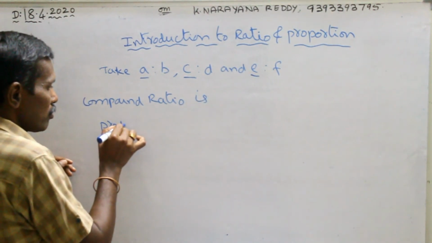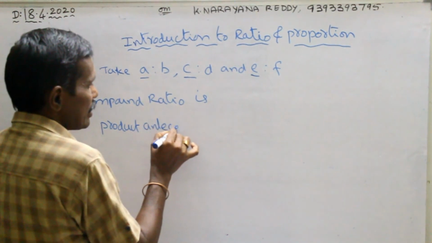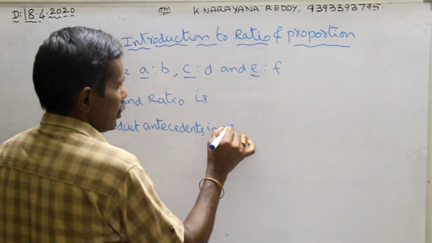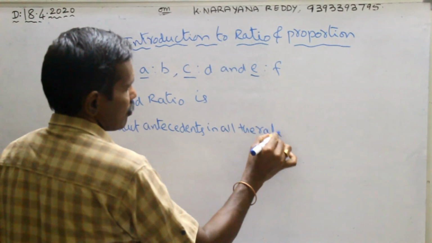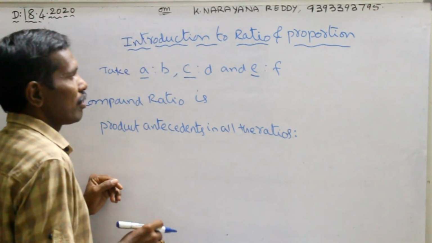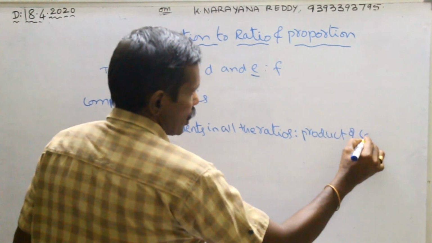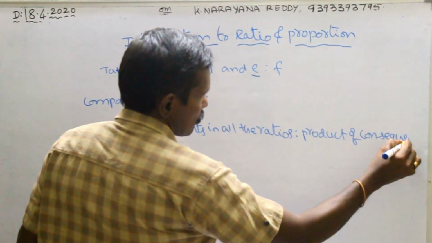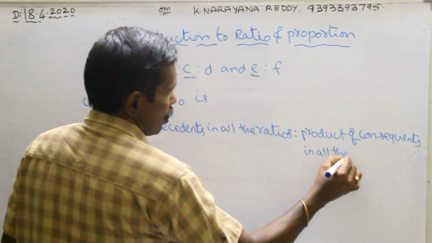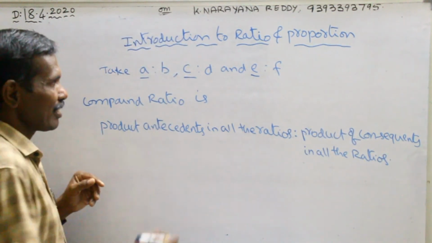Product of antecedents in all the ratios is to product of consequents in all the ratios. That's all. That means what?